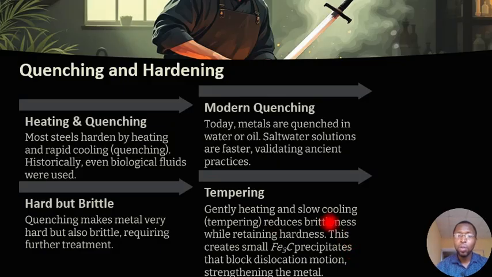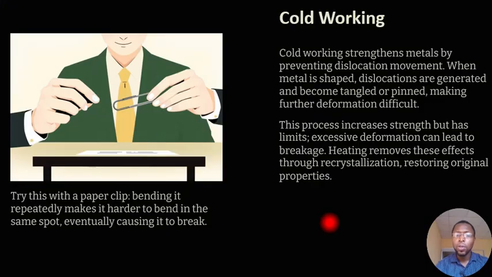All right. So now, after a metal has been molded, that is heated, you can now begin shaping it. That is cold working on it. Cold working is the process of shaping a metal to a desired shape you want.